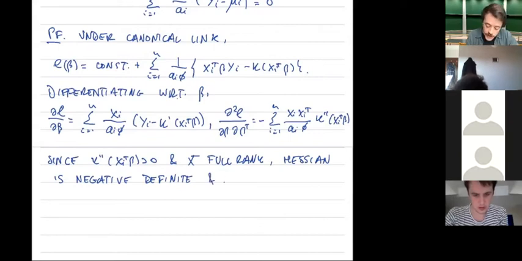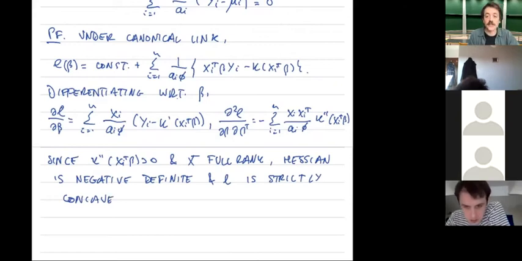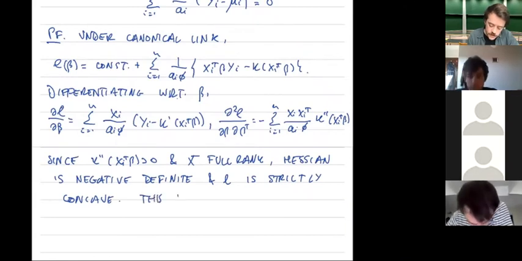And therefore, L is strictly concave, which means that, well, this is what I was saying in words as we were writing the proposition.